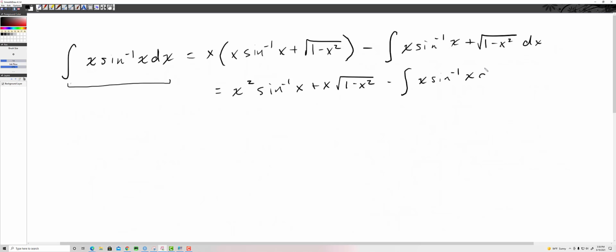And I'm going to leave a lot of space here because I'm going to do something in a second. I'm going to actually add this integral to both sides. This integral and this integral are the same. So again, right now I'm just breaking up this integral, so I need another minus. And of course the minus is there because it's in front of this, and I have to distribute that. But what I'm going to do is add to both sides x sine inverse x dx. And over here it's just going to make this into a 2 out in front.